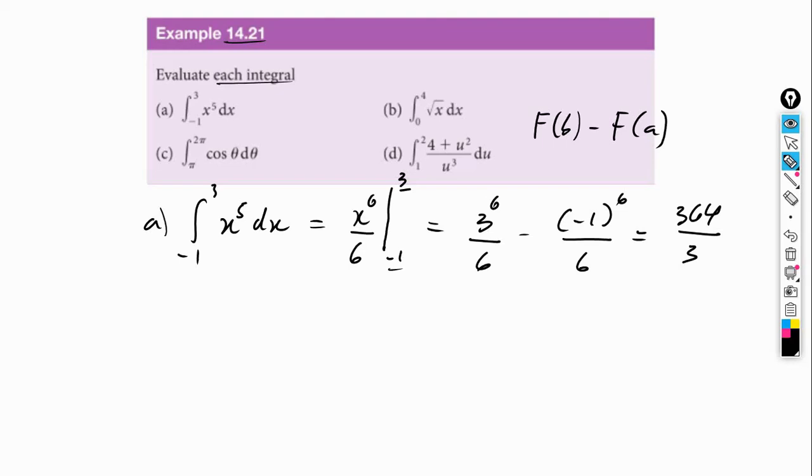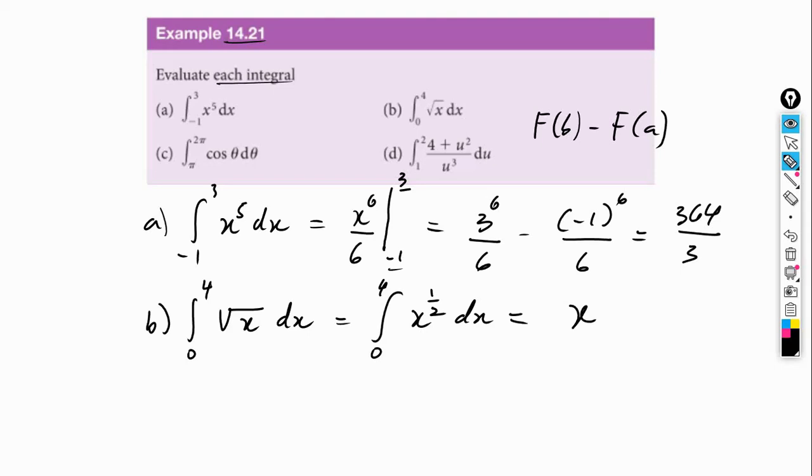So for b, they ask us to find the integral from 0 to 4 of the square root of x dx. Remember that we can rewrite this as the integral from 0 to 4 of x to the 1/2 dx. And then if we integrate this, remember that we have to add 1 to the exponent, so that's going to be x to the power of 3/2 divided by 3/2, but that's the same as saying times 2/3, right?